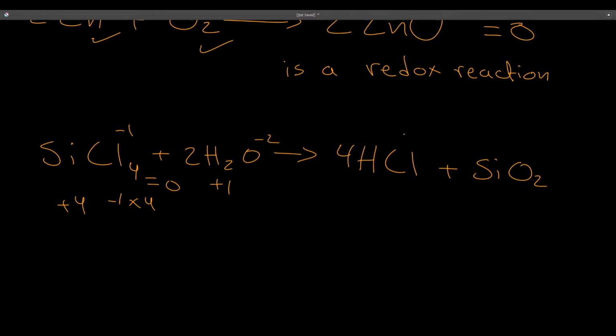We have the same thing here. This will be -1. Hydrogen will be +1. Oxygen will still be -2 and silicon will be +4. So in this reaction, the oxidation numbers do not change throughout the entire process. So this is not a redox reaction.